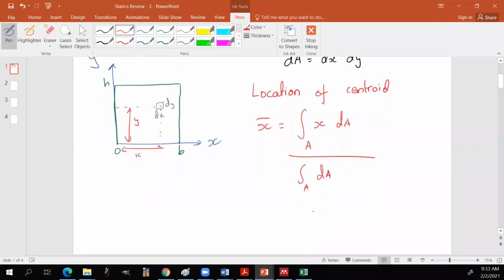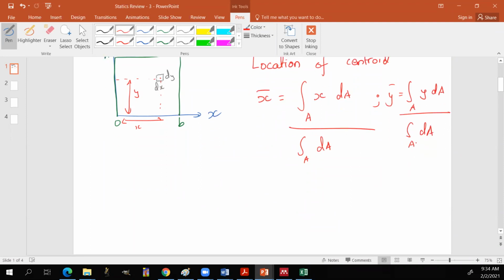And then similarly for the y, you do the same thing, but now you're finding it in terms of the y coordinate. So there you go. You're integrating the location times the area, and then dividing over the whole area.